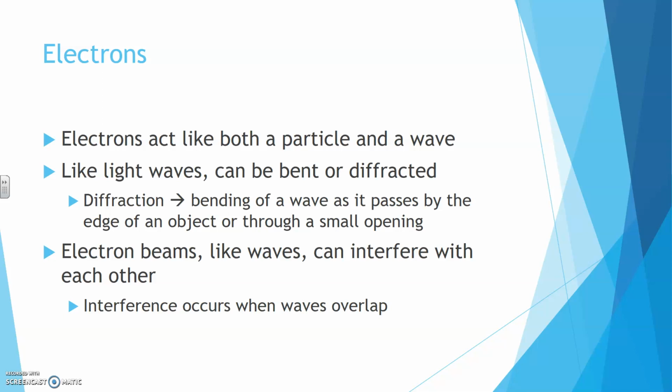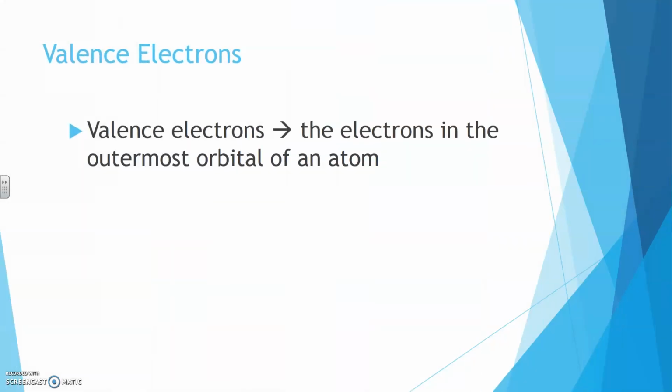But if a peak and a valley meet, then it cancels out. So you'll get some regions where the electrons are coming in real strong, so you get an increased pattern, or you'll get some regions where there's nothing there because you have an interference. And I do have a video about that that shows more of what I'm talking about. It's really weird, just a warning.